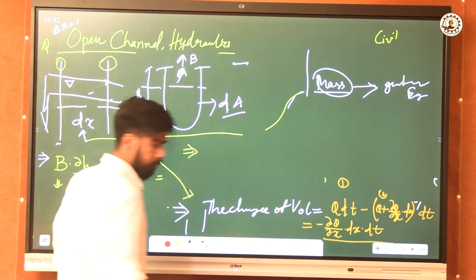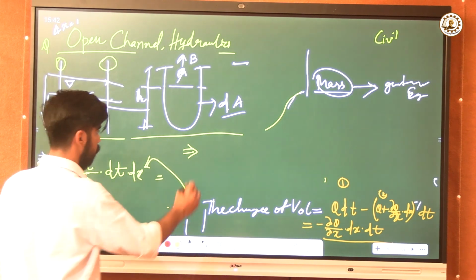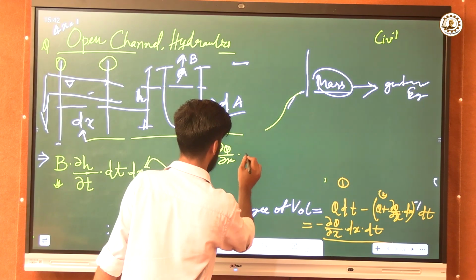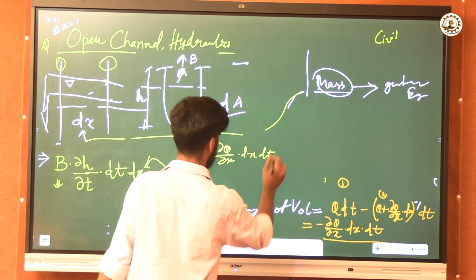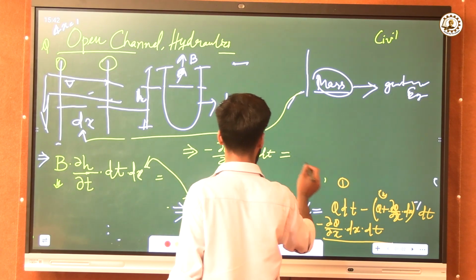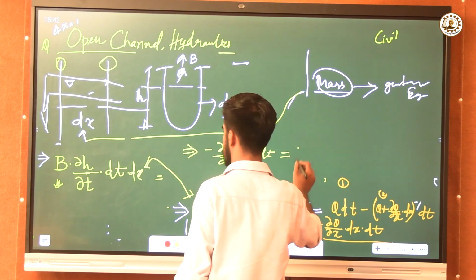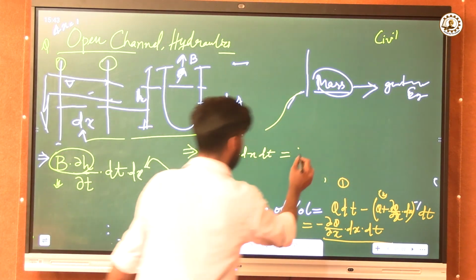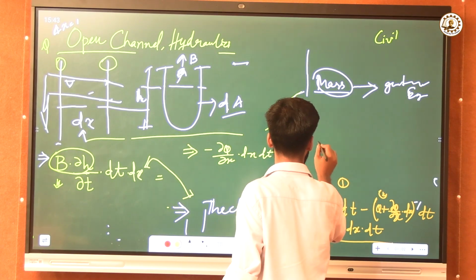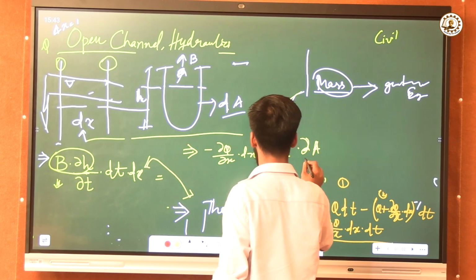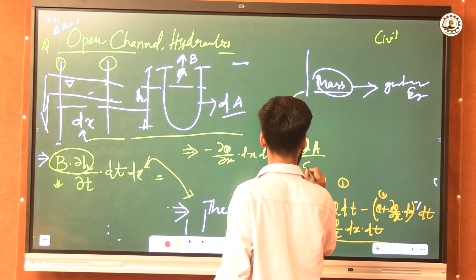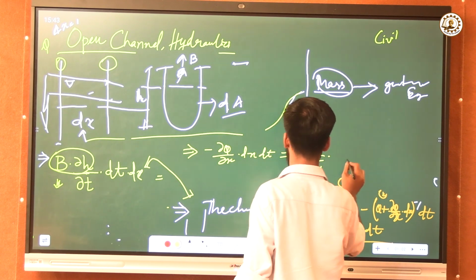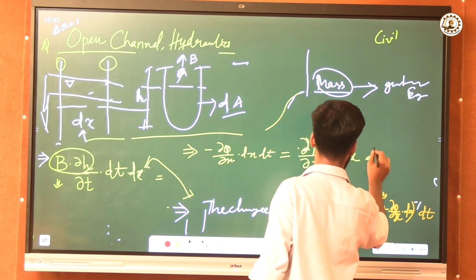So if we equate these two terms, we get minus del q del x dx dt equal to B into dH, which automatically becomes the change of the cross-sectional area. Isn't it?